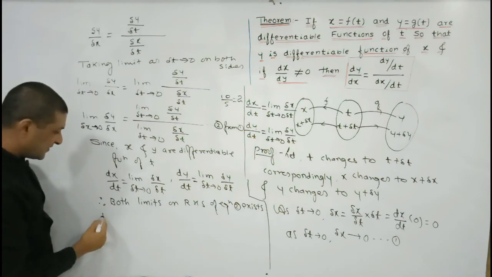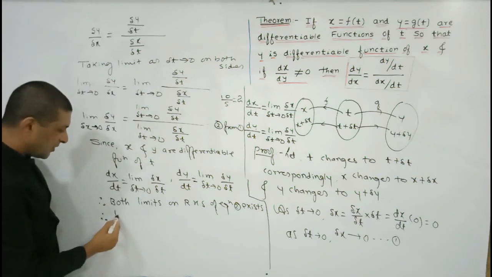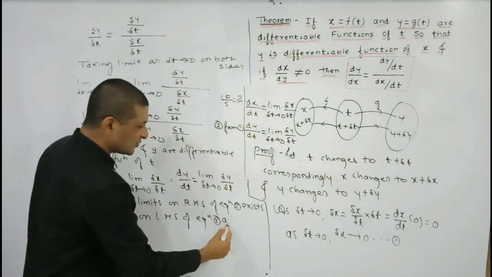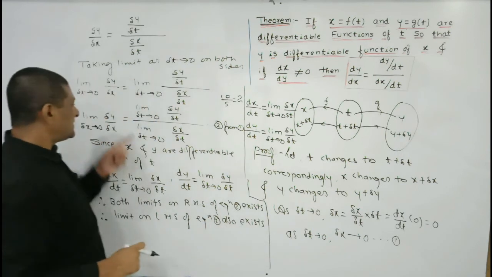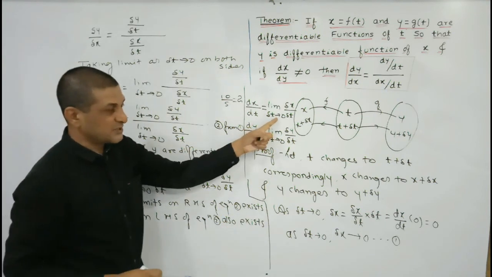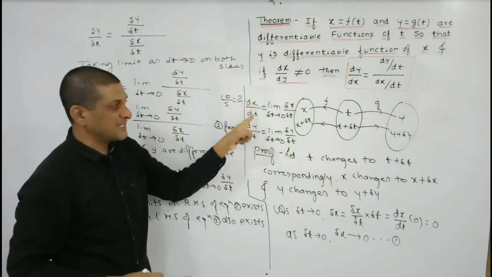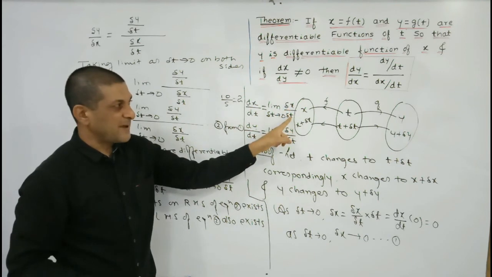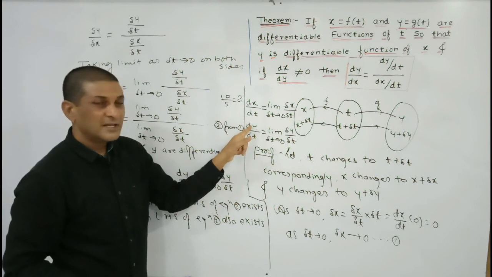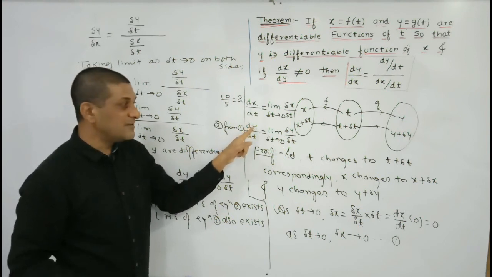So therefore the limit on the left hand side of equation 2 also exists, and if this limit exists, then according to the definition, it is denoted by dx by dt. If here it is delta x by delta t, then the limit is denoted by dx by dt, and here delta y by delta t, the limit is denoted by dy by dt.